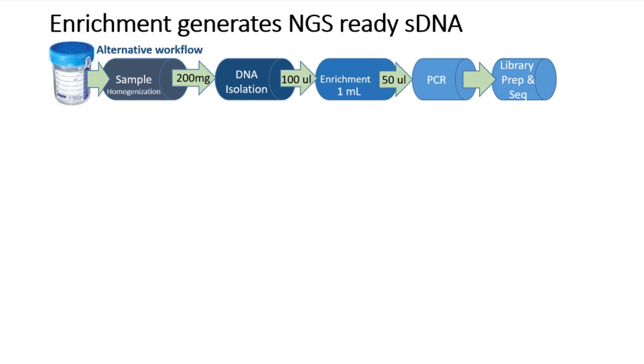And this gives us the opportunity to dilute out the inhibitors, which are in the soup, whereas the DNA is going to get bound to our beads, wash everything else away, and resuspend those beads in 50 microliters of PCR for detection, or move on to a library prep.